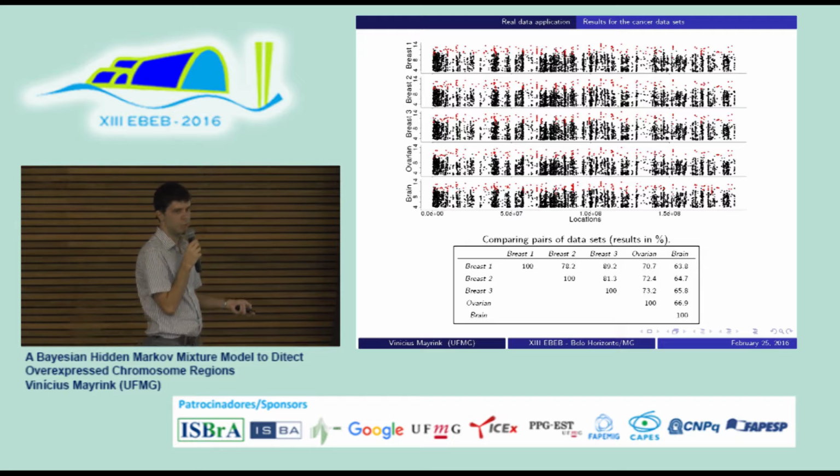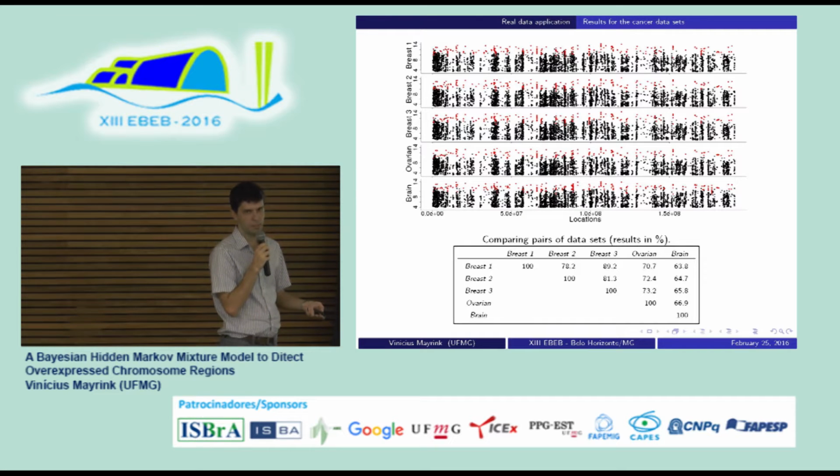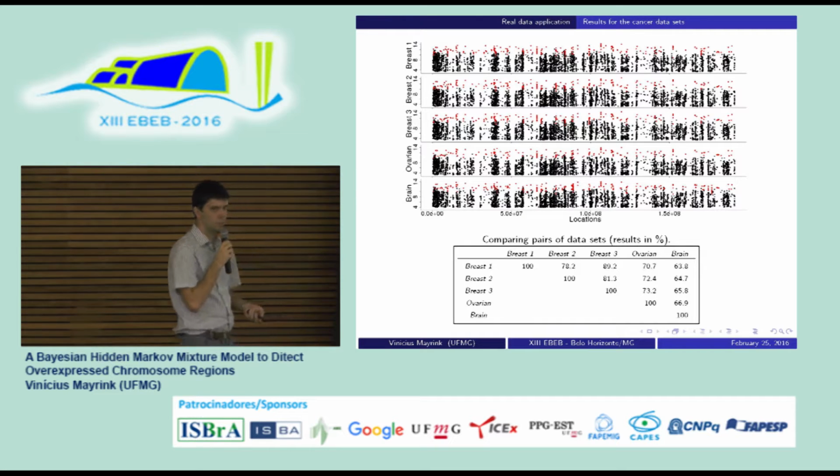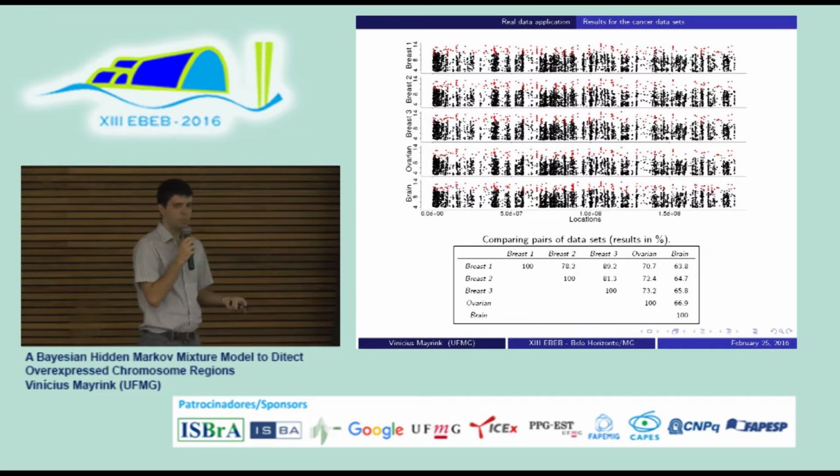So larger similarity for breast, which is expected. They represent the same type of tumor, and lower similarity for brain. And surprisingly, we have the relationship breast and ovarian more similar than breast and brain.